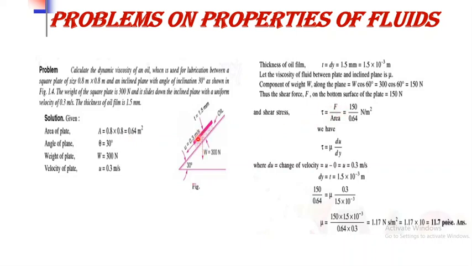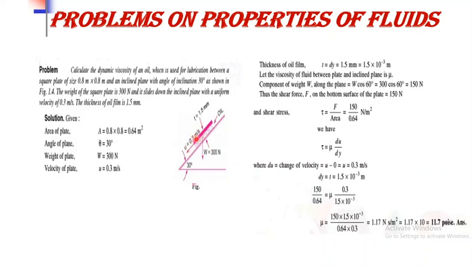The force required to move this plate with a velocity of 0.3 meter per second: the weight of the plate is given, which acts in the downward direction, that is W equal to 300 Newton. The component of this weight parallel to the inclined plane is the force for the movement of the plate.